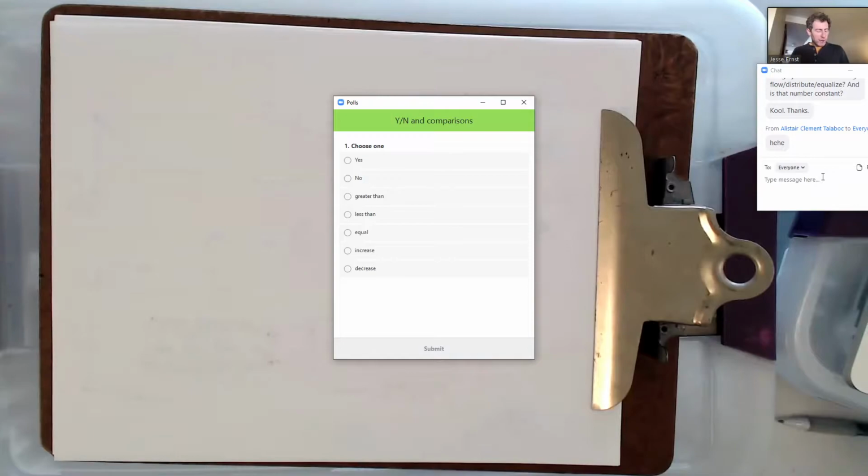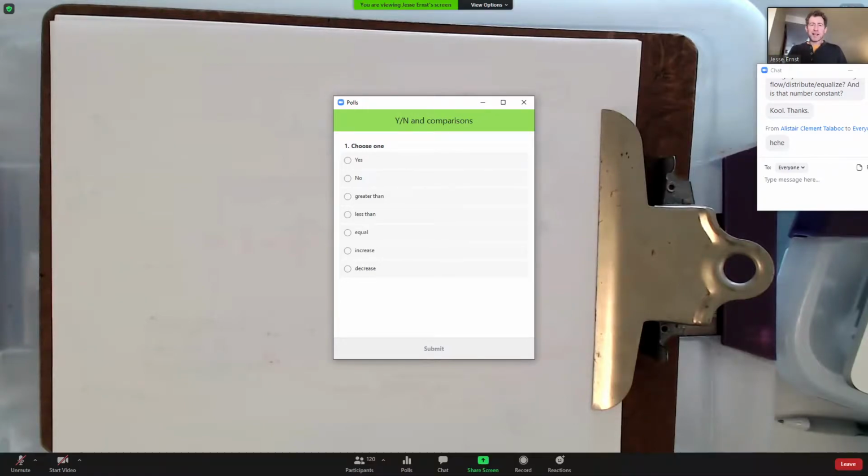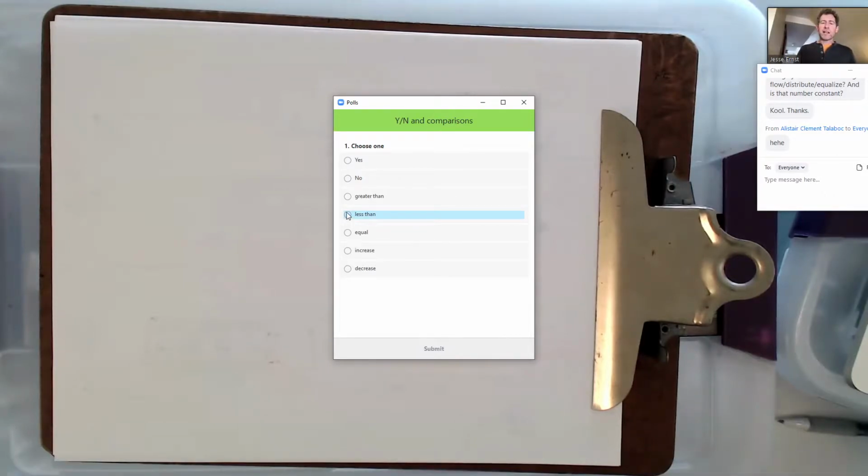I want to know, only answer this if you have been looking at and reading both the open source textbook and the Halliday Resnick. Is the open source textbook better than, so greater than, less than, or about equal to Survey? Yes or no is not an option. So answer greater than if you think the open source is better, answer less than if you think the open source is worse.